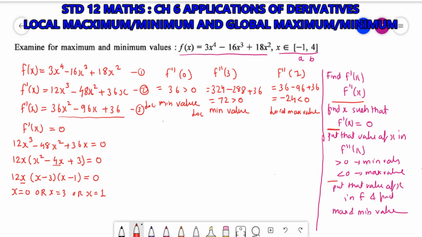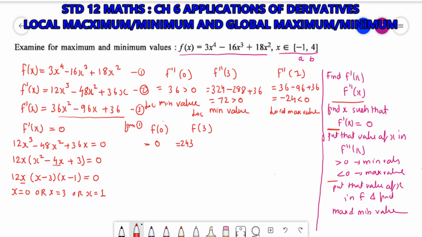Now put those values of x in f. First, f of 0, from equation 1: 3 into 0 raised to 4, minus 16 into 0 cube, plus 18 into 0 square, this is equal to 0. Second, f of 3: 3 into 3 raised to 4, that is 81, so that will be 243.